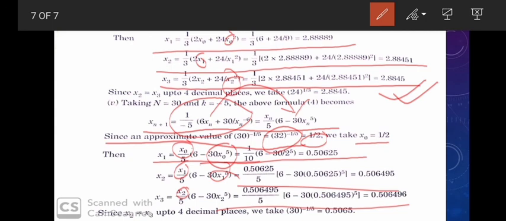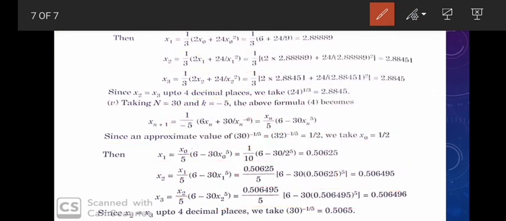So after calculation you will get 0.506495. It depends on you how you calculate it in your copy, because if you calculate properly you will get the answers also. Thank you.